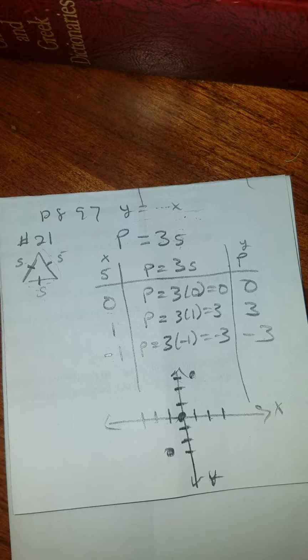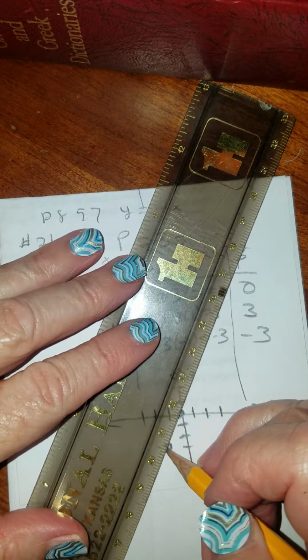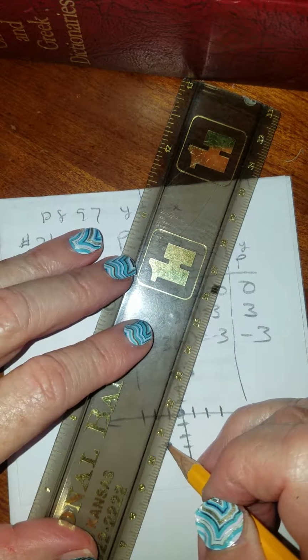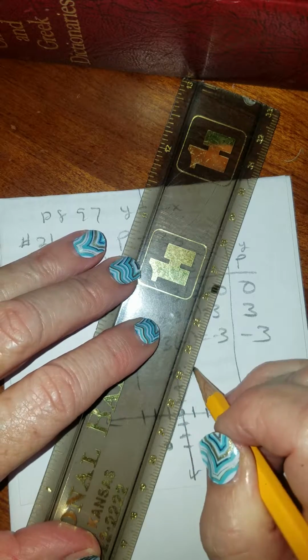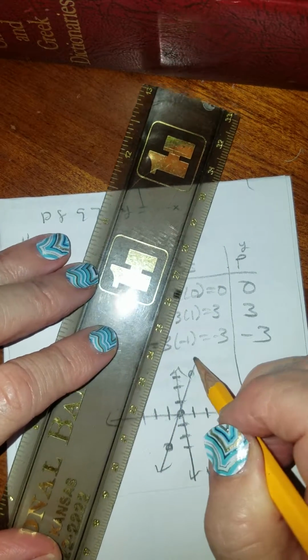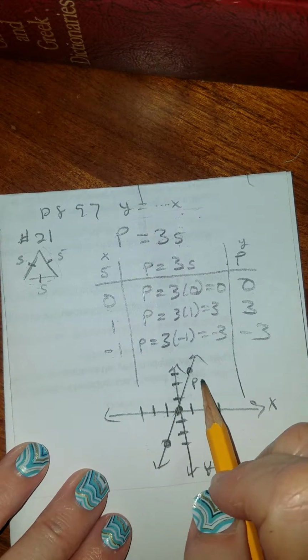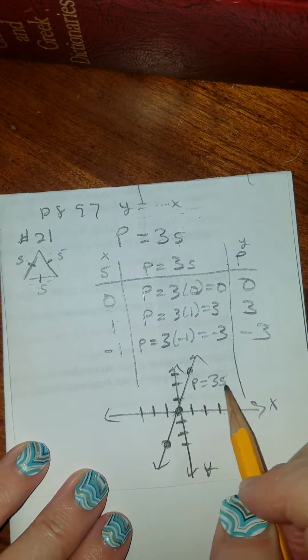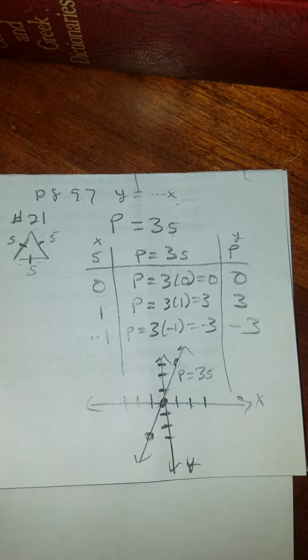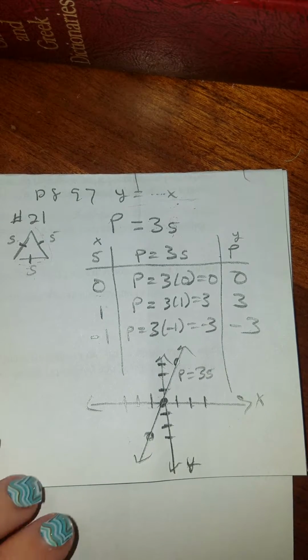And then it says graph. Remember, what you're going to do is you're going to connect your points, right? And then you're going to label your line. Your line is your P equals 3S, which was your equation. So just because they give you a formula and they're using different variables, don't let that throw you off.